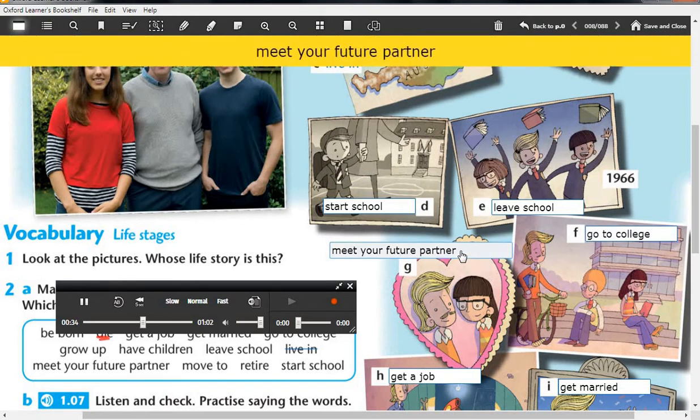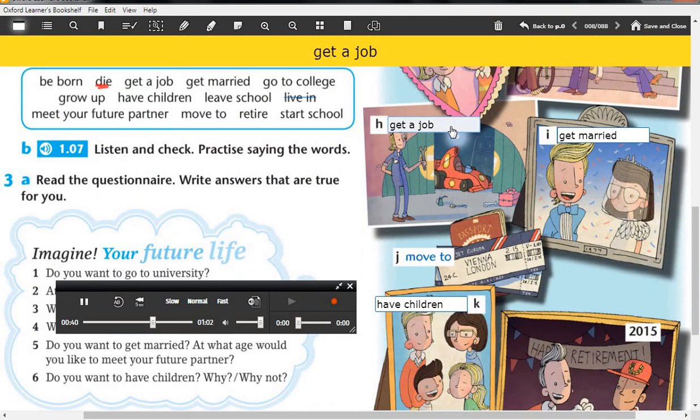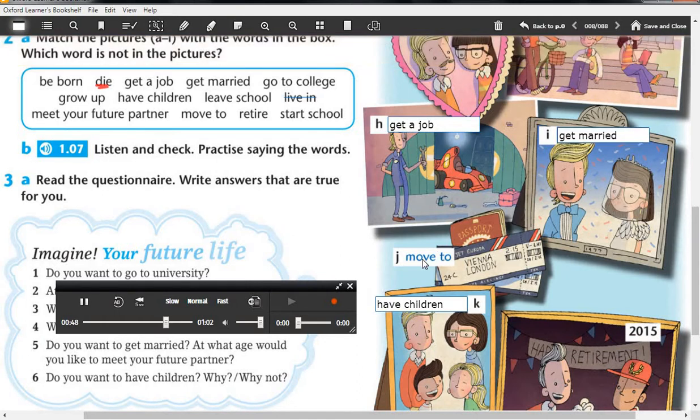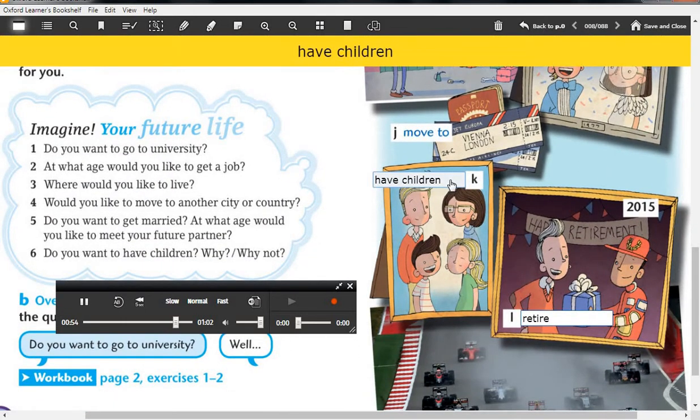G. Meet your future partner. H. Get a job. I. Get married. J. Move to. K. Have children. L. Retire.